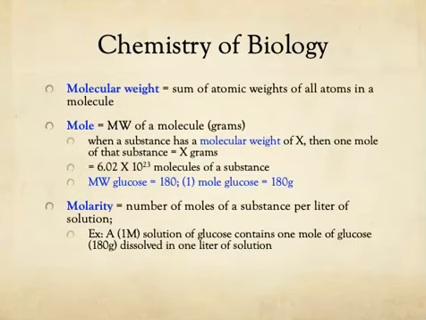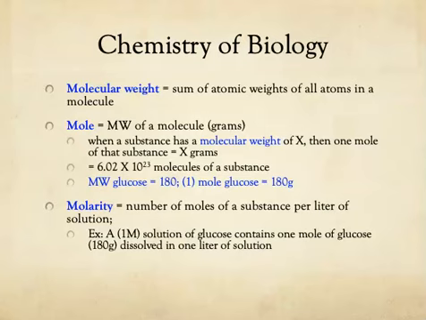A couple of other things that we need to be familiar with can also be found in the information in the periodic table. One of the things we use very frequently in biology in general, but also in cell biology, is this concept of molecular weight. The molecular weight is the sum of those atomic weights of all of the atoms that are in a molecule.